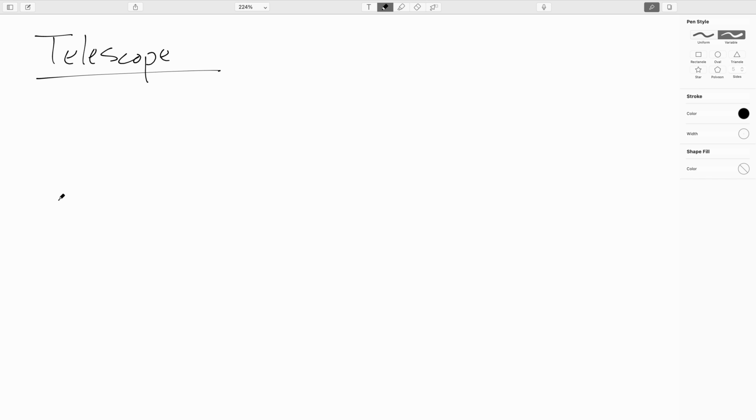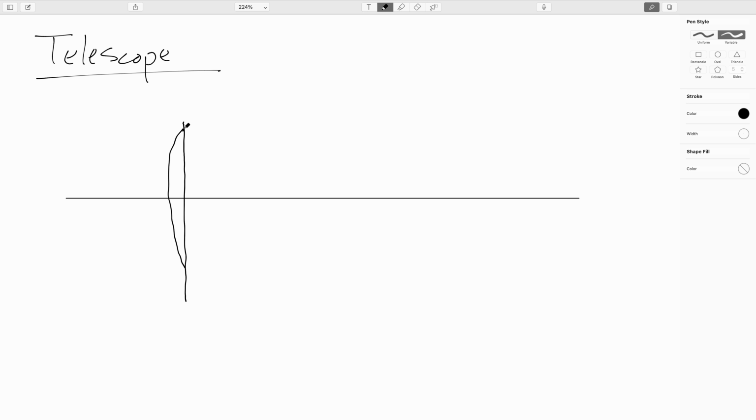And it's the same kind of idea, except the math is slightly different. The objective lens will typically be some big, huge lens, or there are also designs where this would be a mirror. Your object is located way out at infinity, basically.